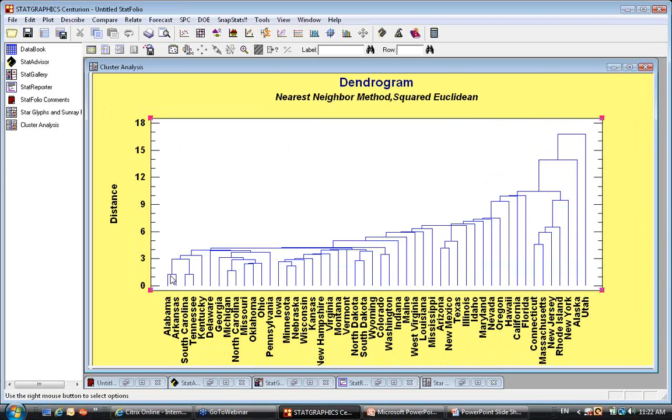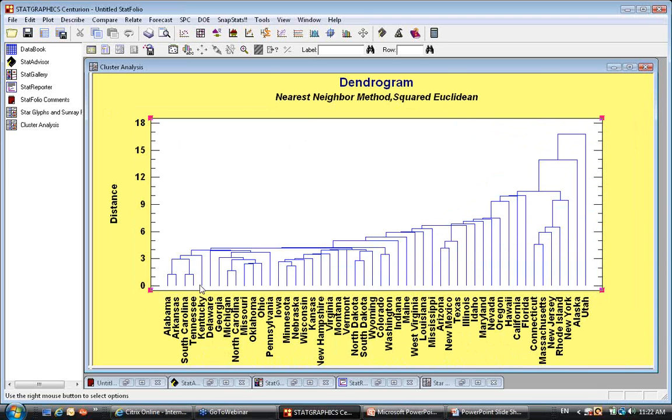Alabama and Arkansas were combined into a single group. At about the same time, South Carolina and Tennessee were combined into a single group. A little bit later, those 4 states were all combined into a single group. Then later on, they were combined with Kentucky and so forth.